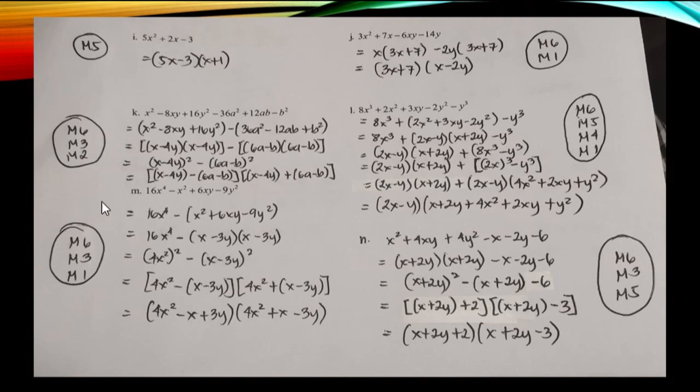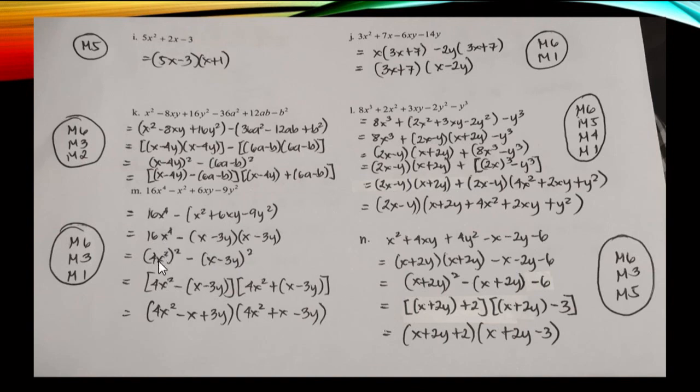Okay, next. M. 16x to the power 4 minus x squared plus 6xy minus 9y squared. So, grupo na to ang pwede na to ma-factor. This is a perfect square trinomial. So, we can factor it as x minus 3y times x minus 3y. So, square na na diha. Kani siya kay ma-square po ni siya.